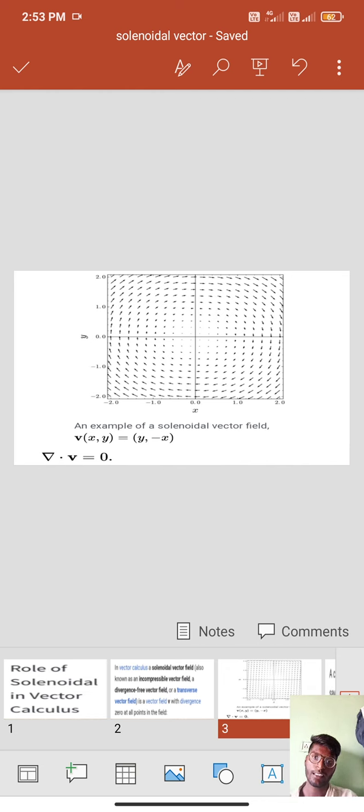We can see in the diagram, represented here in x and y axes, an example of a solenoidal vector field V(x, y) = (y, -x), where ∇·V = 0. The meaning of this is that divergence is 0 at all points.